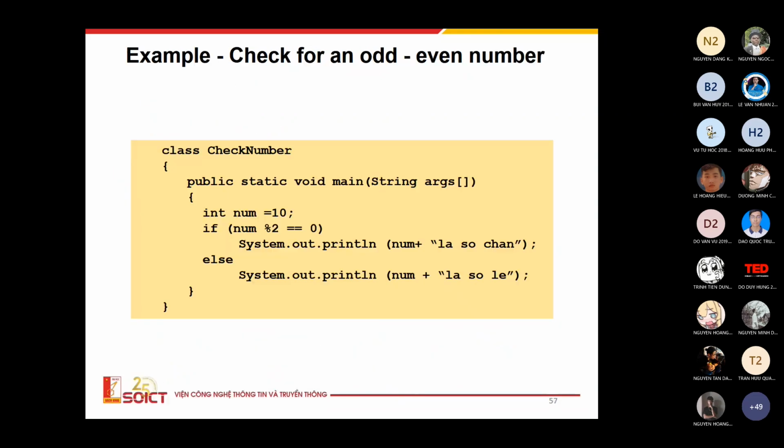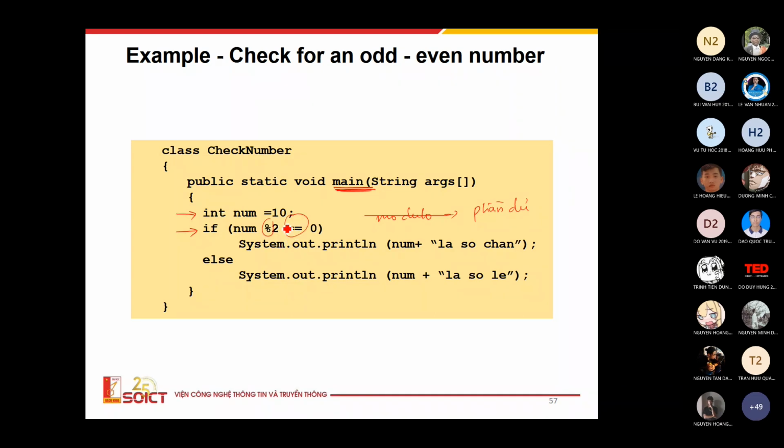Okay, and for example, you will have this example, and I think you can try to see what the result will be. For example, you have a main method here, and then you declare something, you check the modulo, which means taking the remainder of a division.